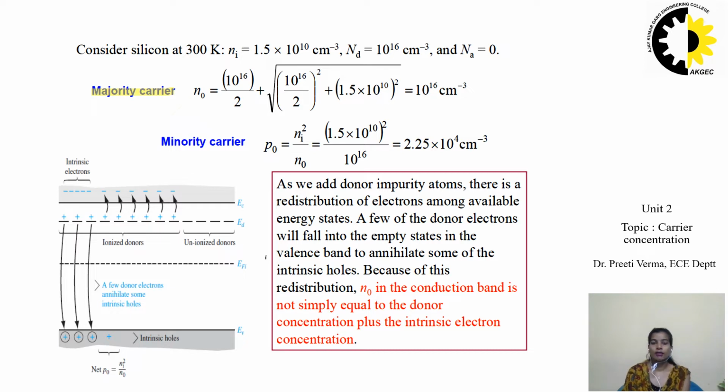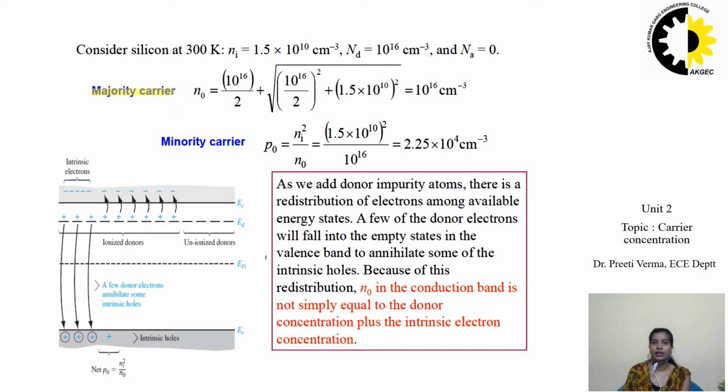Putting in all the values, n naught is equal to 10 raised to the power 16 by 2 plus the square root of (10 raised to the power 16 by 2) whole square, because here Na is 0, so Nd minus Na remains the same as Nd, plus (1.5 times 10 raised to the power 10) square.